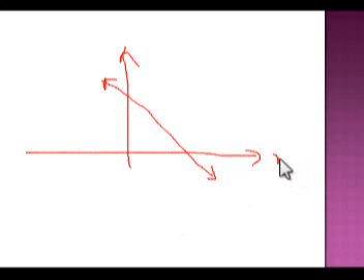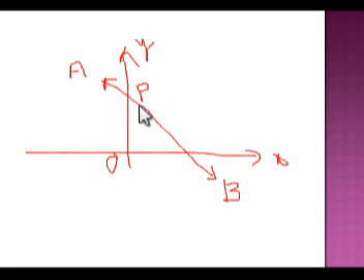This is x-axis, this is y-axis, and this is AB straight line. Here, this is the origin O, and we are taking P as the intersect point between the straight line and y-axis, and this point is Q, the intersect point between the straight line and the x-axis.